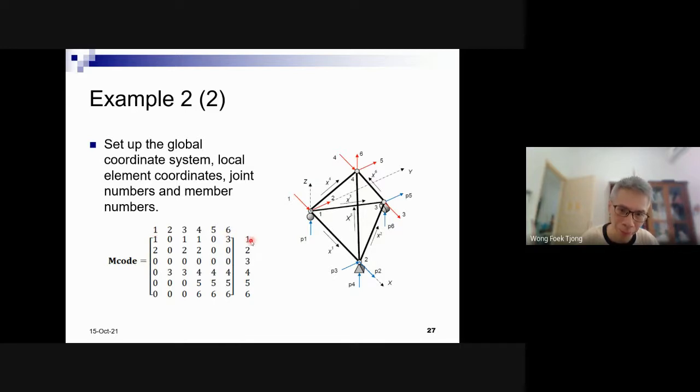And then these are local degrees of freedom. Recall that these are element numbers, while these ones are local degrees of freedom numbers. So this is the connection.